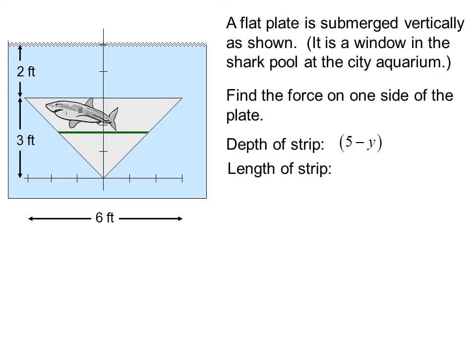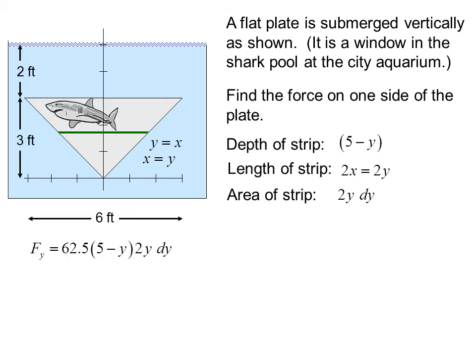The length of the strip can be determined using the equation of the line that represents the side of the glass plate, y equals x, so x equals y, and the length then is 2x or 2y. The area of the strip then is length times width, or 2y dy.